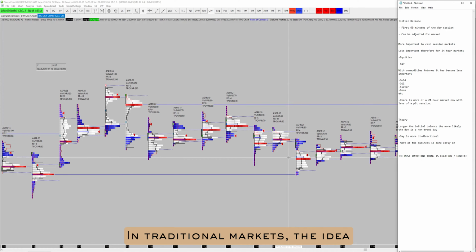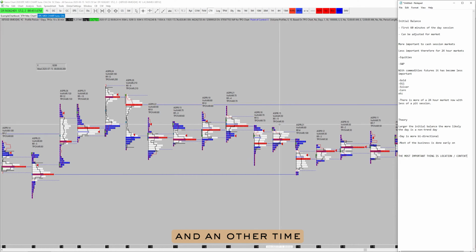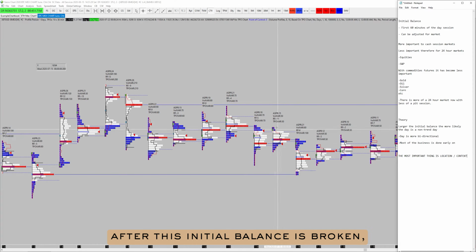In traditional markets, the initial idea with initial balance would be a tight initial balance. It means that other time frame participants have not come in. This is the locals dealing amongst the locals, the first hour of the day clearing up most of the important business for the day, and then after this initial balance is broken, it will result in a trend or an impulsive move.